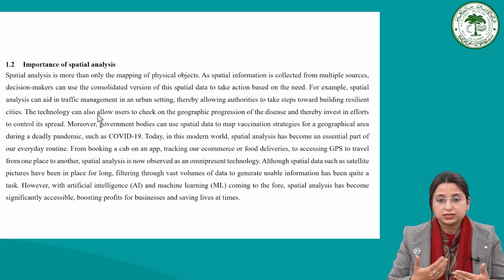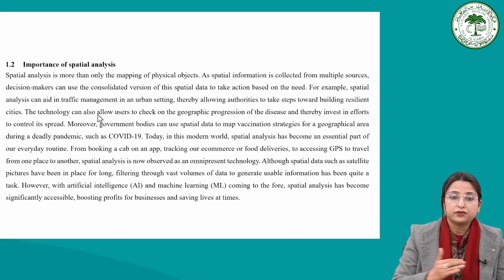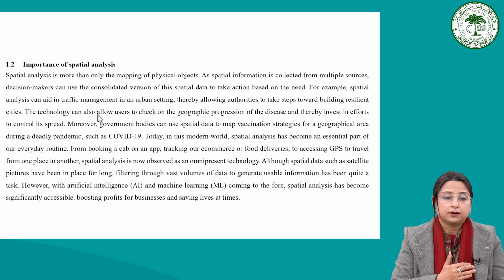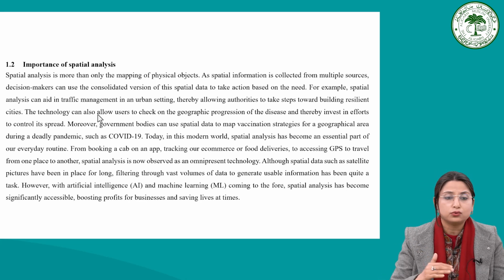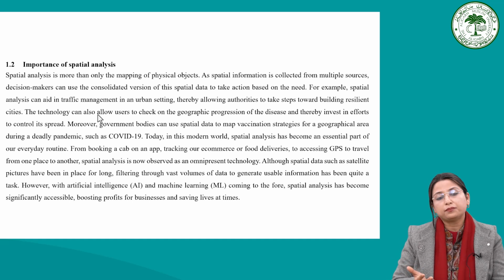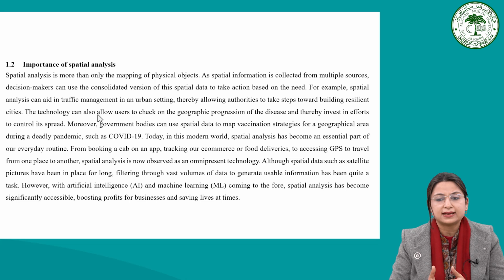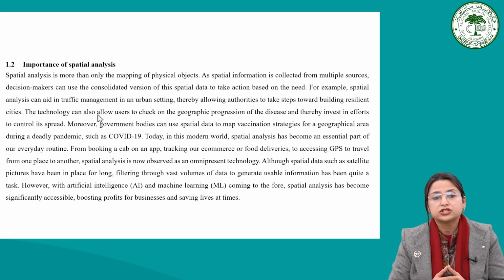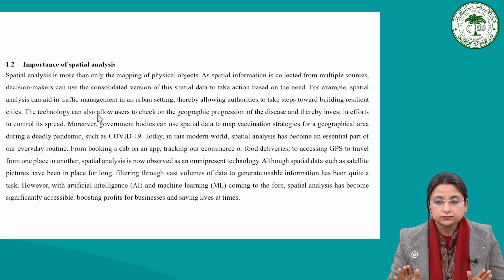Very fine information can be received. Spatial information can also be received through aerial photography, whether photography taken from hot air balloons, aircraft, drones, etc., or even from different surveys using GPS, etc. So as we know, spatial information is collected from multiple sources.